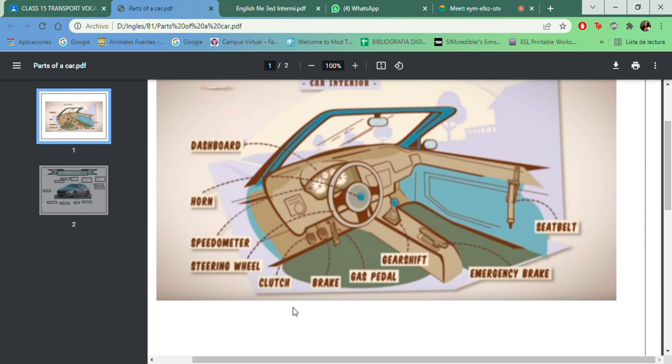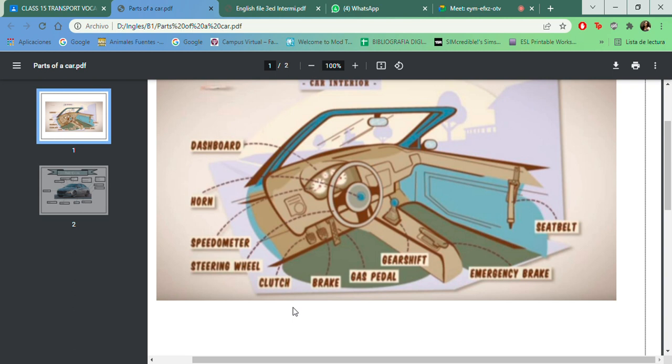Okay, I understand. So you have the gas pedal to accelerate, to speed up, the brake to slow down or to stop the car, okay? And then you have the clutch. The clutch is so you can change, okay? The gear shift has reverse, okay? You have el embrague. Exactly, yes.